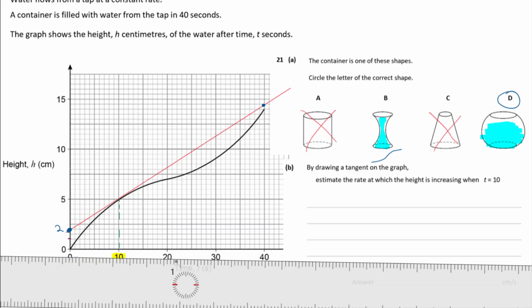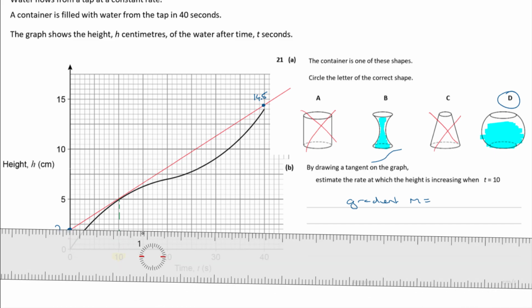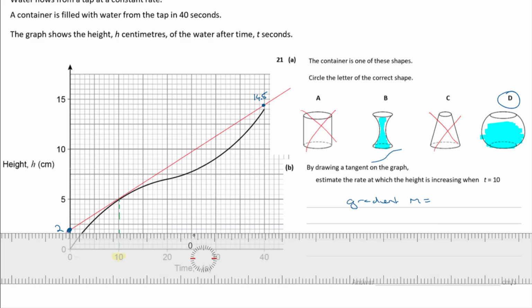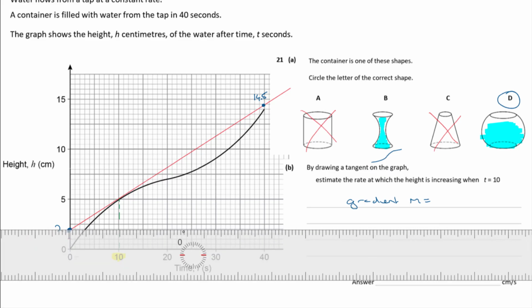So that's going to be 14.5 at that point then, isn't it? So then my tangent, if I look at change in y, so gradient m, is going to be change in y, which is, let's just draw the triangle on.